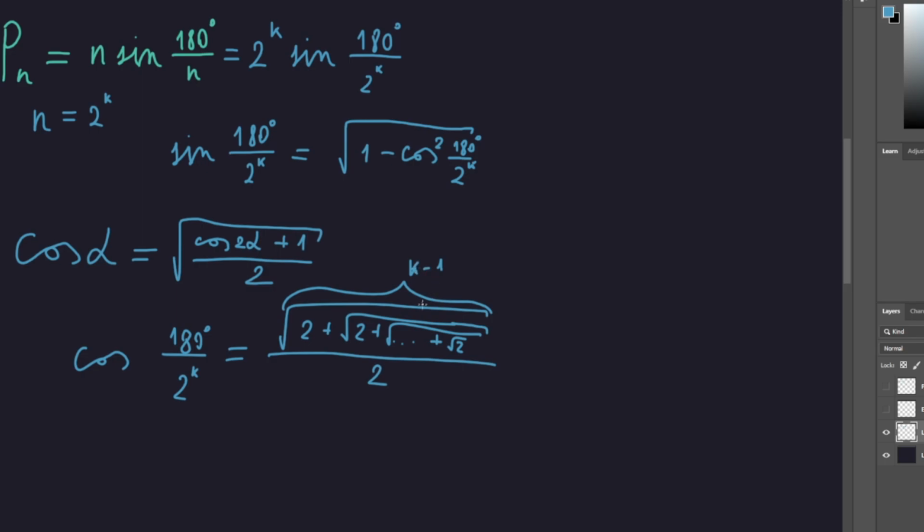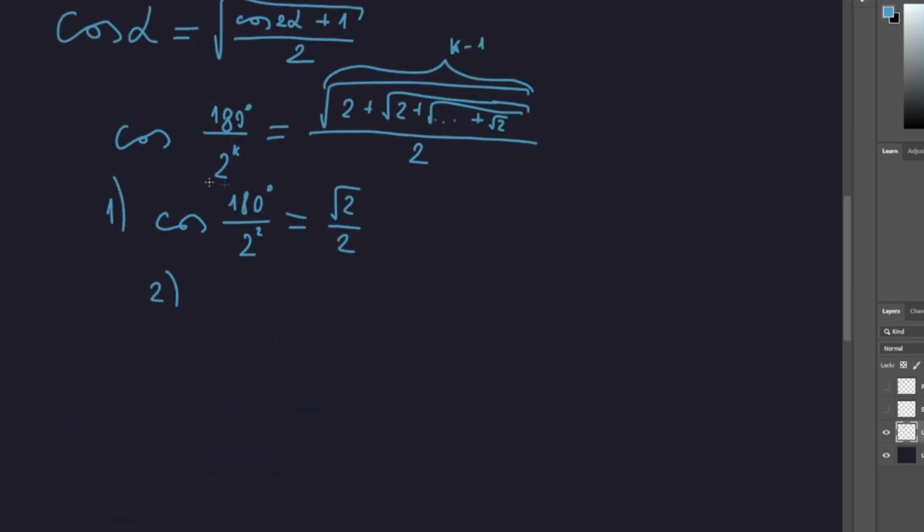How are we gonna do this? Well, by induction. Let's first note that cosine of 180 degrees divided by 2 to the power of 2 is square root of 2 divided by 2. That's pretty simple. Then we're going to assume that this is true for some k, and we'll prove it for k plus 1.